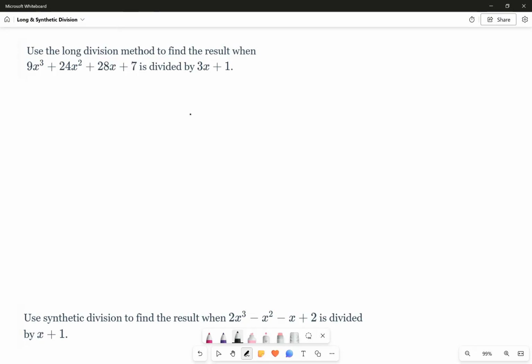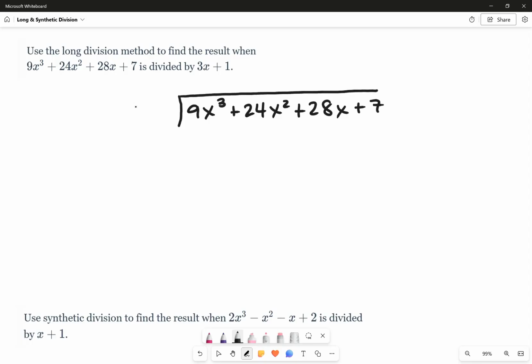So write down this polynomial with me on your paper: 9x cubed plus 24x squared plus 28x plus 7. And we are going to divide this by 3x plus 1.